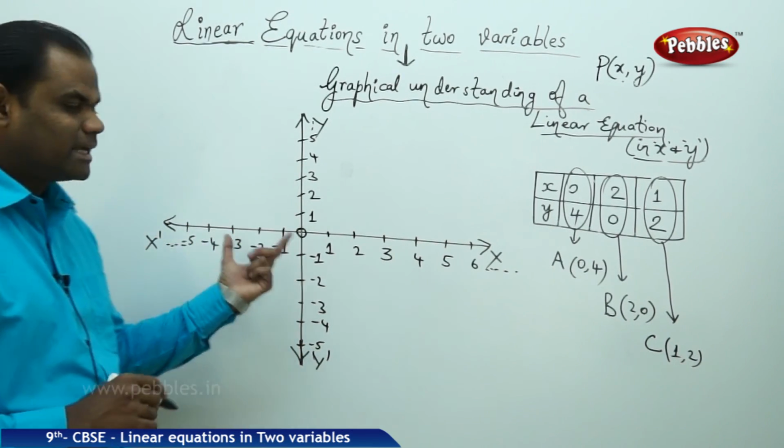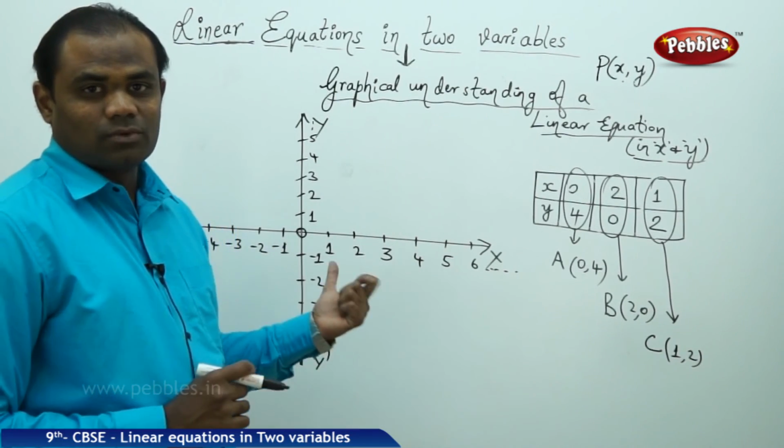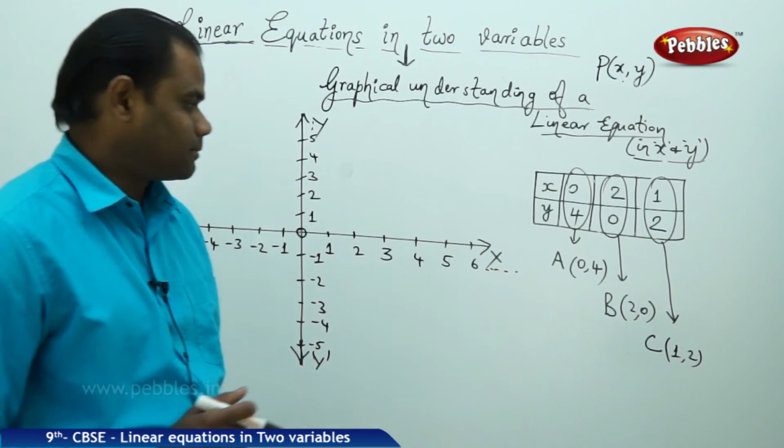So once the scaling is done for both x and y axis with 1 centimeter equal to 1 unit in this case, let's see how the points can be plotted.